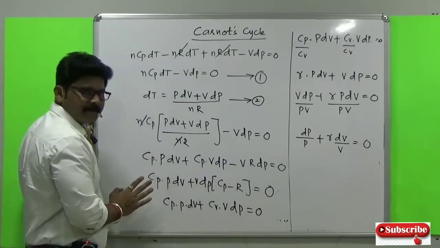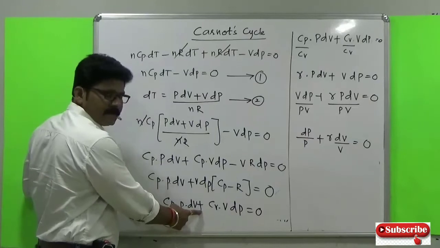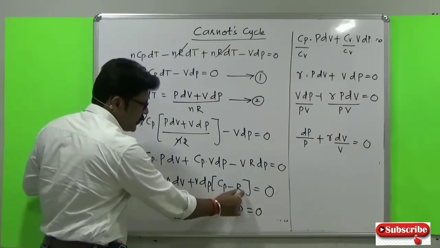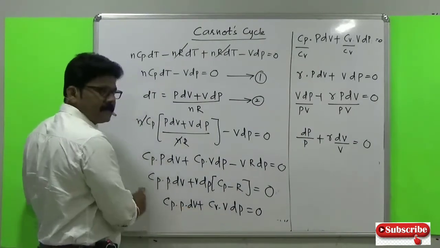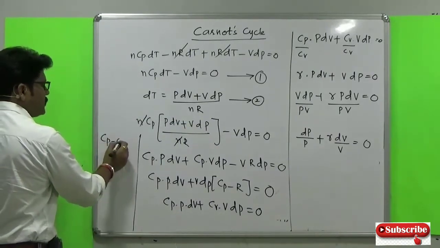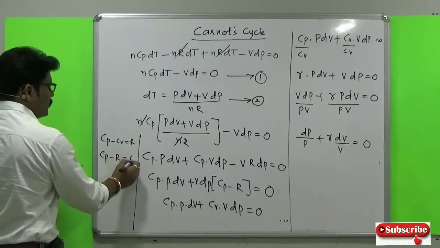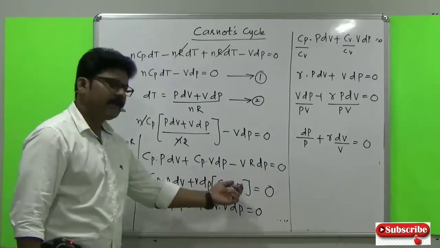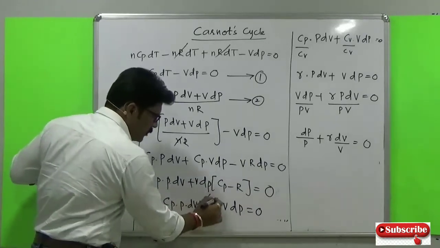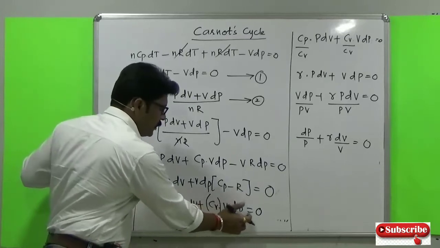Then Cp into P into dV plus, इधर Cp minus R को क्या लिख सकता हूँ, Cv लिख सकता हूँ. इधर और एक फॉर्मूला we are using it as Cp minus Cv is equals to R. Cp minus R is equal to Cv.